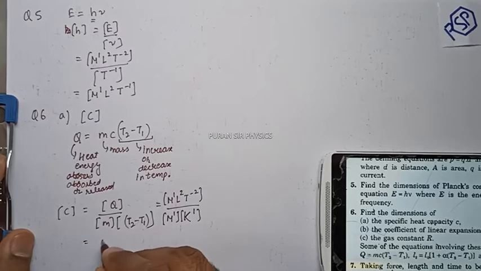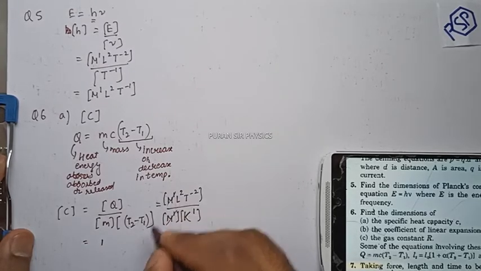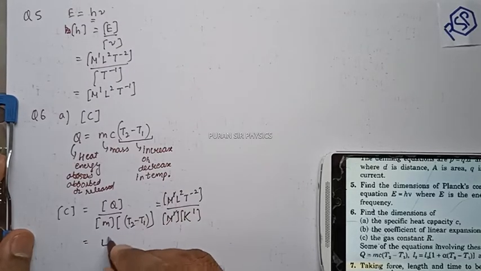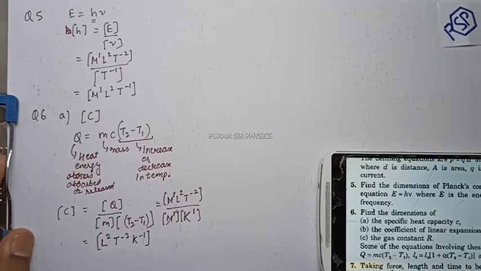So from here we can say M cancels out with M, so we have L raised to power 2 and T raised to power minus 2 and K raised to power minus 1. So this is the answer of part A.